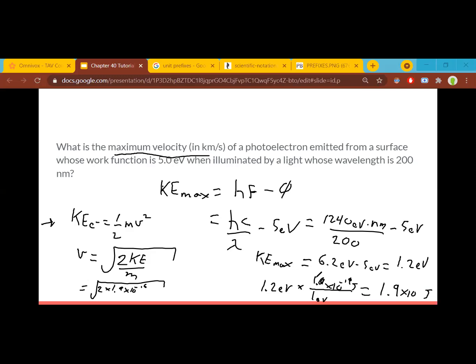Is a joule 1.6 times 10 to the negative 19 joules or 10 to the negative 16 joules? Anyone know? I think it's 1.6 times 10 to the negative 19 joules. Awesome, thank you. 19.